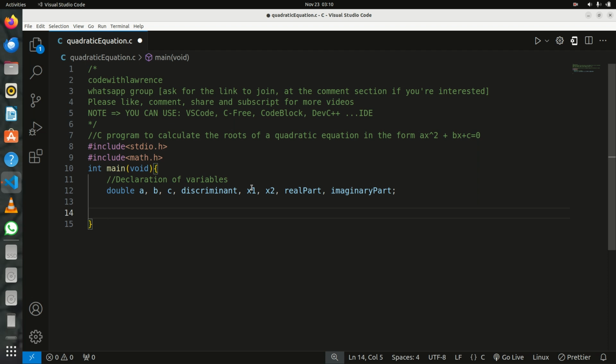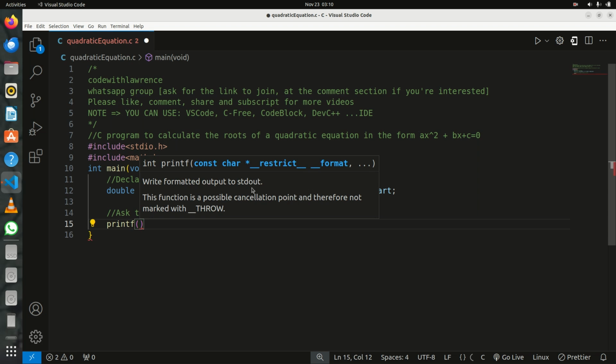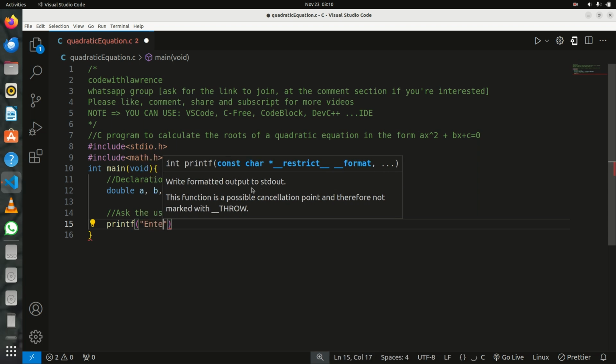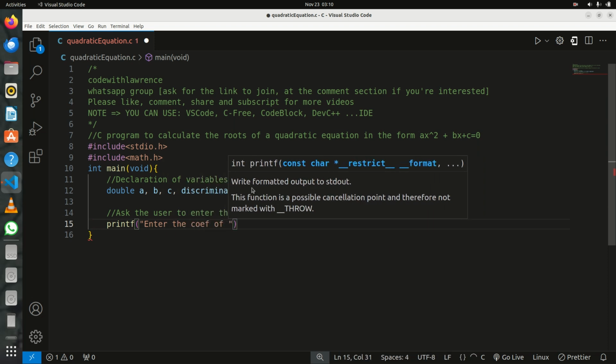So ask the user to enter coefficient a, b and c. So enter the coefficient of a.